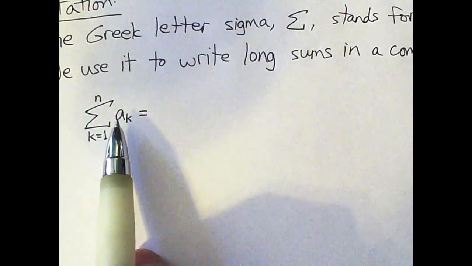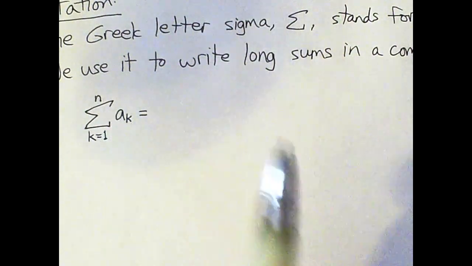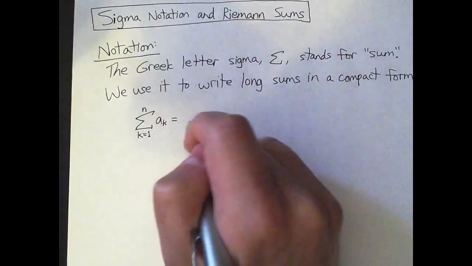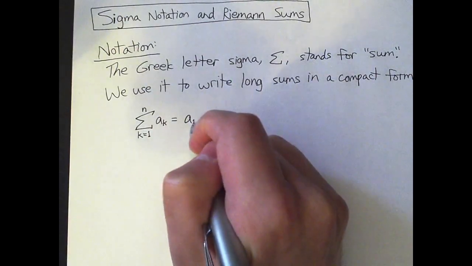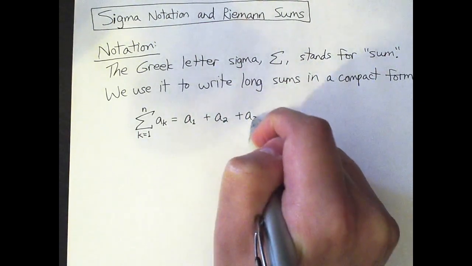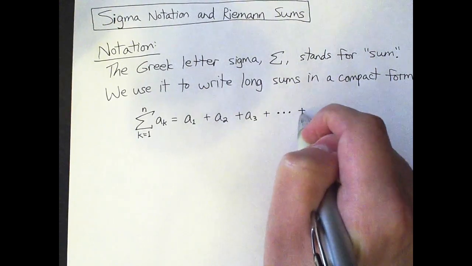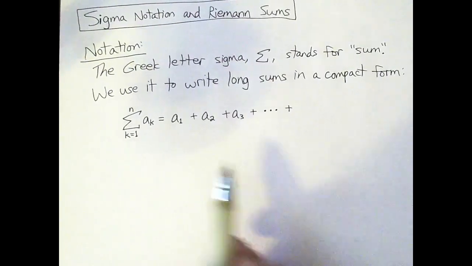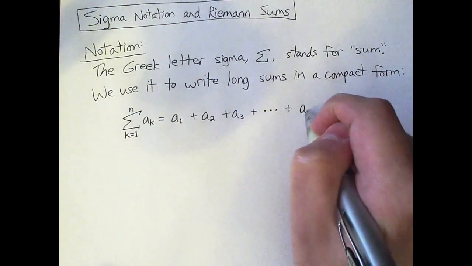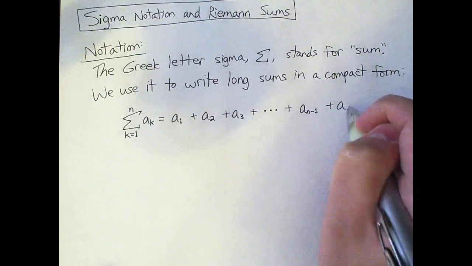And then to the right of it, I wrote a with a little subscript k. What this represents is the sum a1 plus a2 plus a3 plus ... It's a long sum, and it's actually going to go all the way up to an. So I guess we could say that the last two terms would be an minus 1 plus finally an.